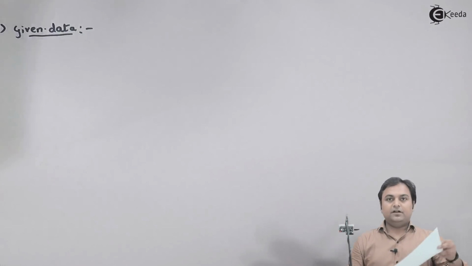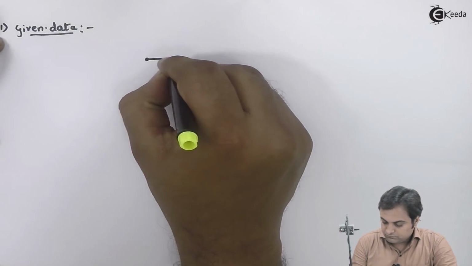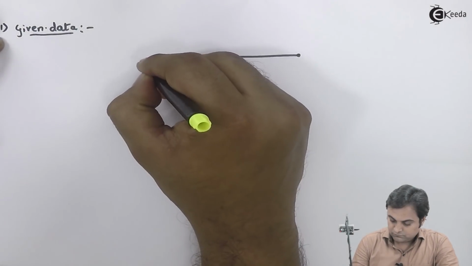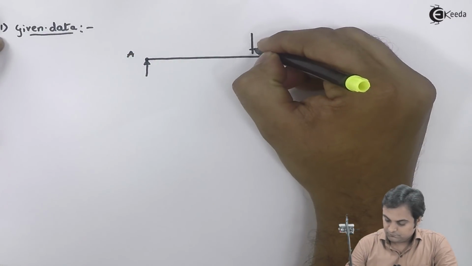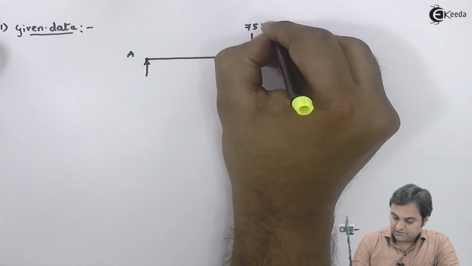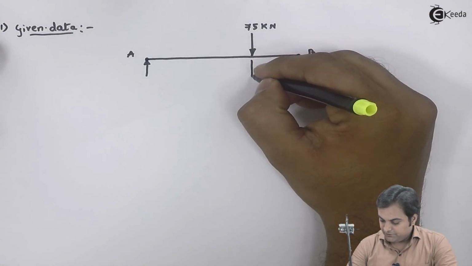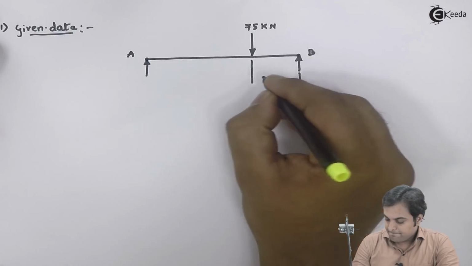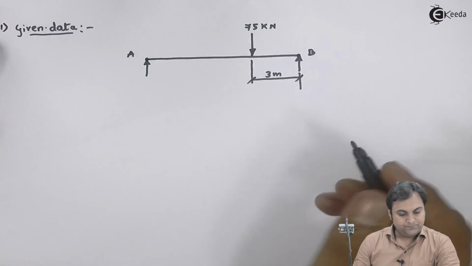Now in the data, first I would be drawing the beam which they have provided. Here there is 75 kilonewton of point load at a distance of 3 meter from right hand support.